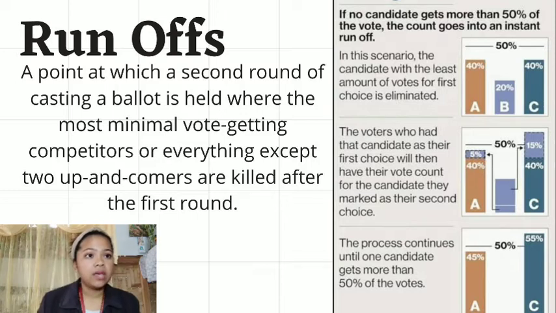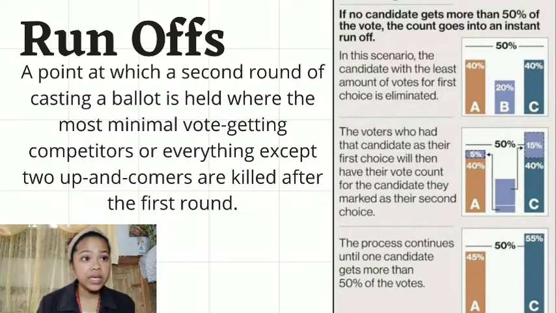If no candidate gets more than 50% of the vote, the count goes into an instant runoff. So the first example is, in this scenario, the candidate with the least amount of first-choice votes is eliminated. Candidate A is at 40%, candidate B is at 20%, and candidate C is at 40%.